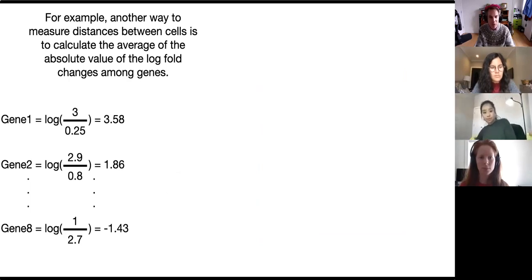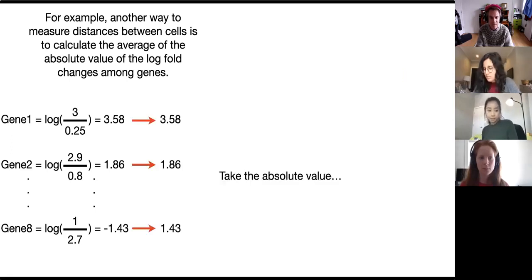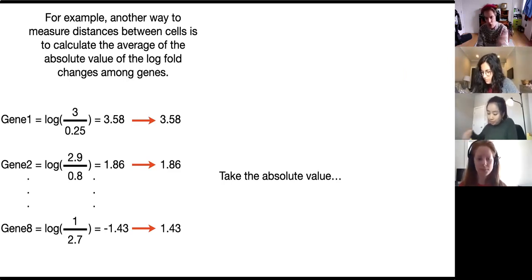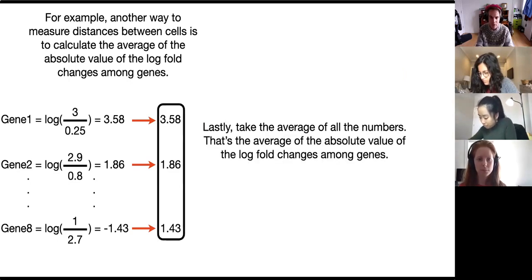Okay, so now we've calculated all of our log fold changes, and then we take the absolute value. Some of those logs are negative and some are positive, and we're just making them all positive, so they're all greater than 0. Lastly, we take the average of the numbers, and that's the average of the absolute value of the log fold changes among genes.